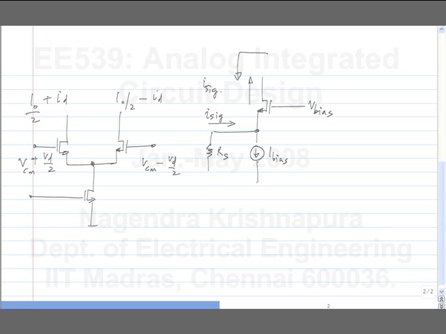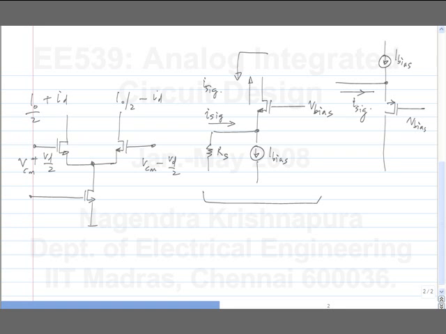Now this is using an NMOS transistor. Of course we can use a PMOS transistor also, in which case I will have some I bias, some V bias here, and the signal current going this way.